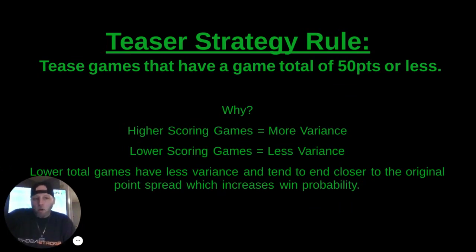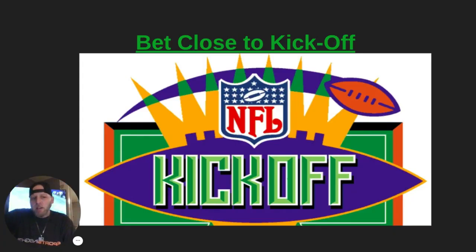And there's one more rule I'll quickly discuss. This one isn't as strict because there might be times when making your bet early is better. But the idea behind this part of the strategy, betting closer to kickoff, is about market efficiency. The closer to kickoff, the stronger the point spread is, because it has all available information factored into the line.